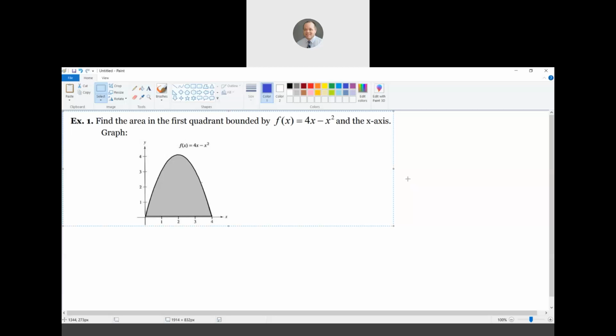If a graph is not given for you, then you don't have to draw your own. You can simply use Desmos, DESMOS.com, to graph your function.